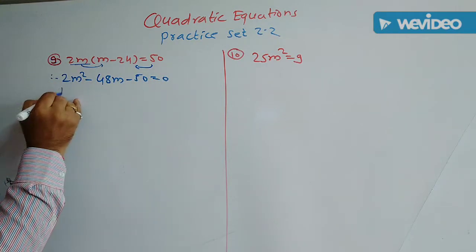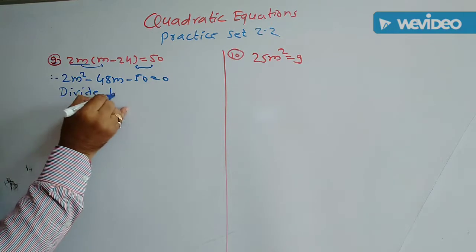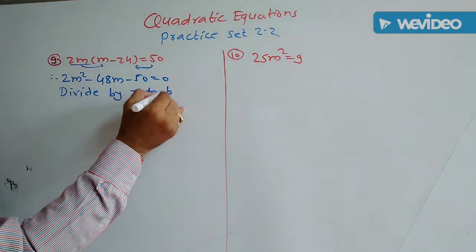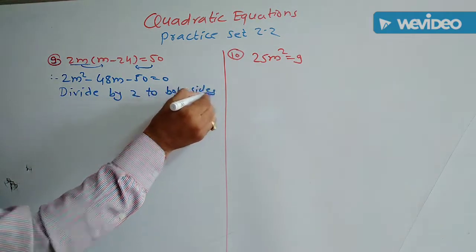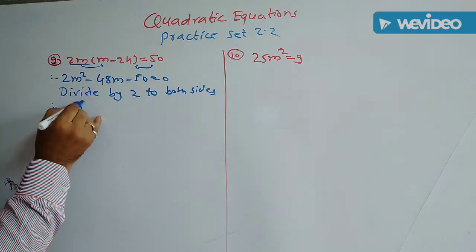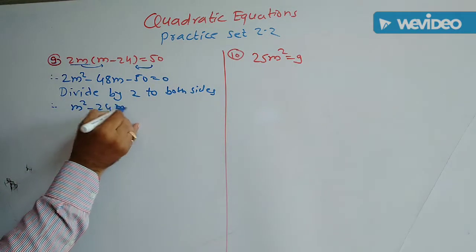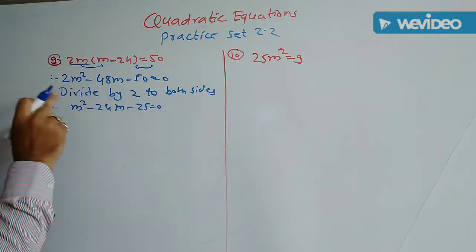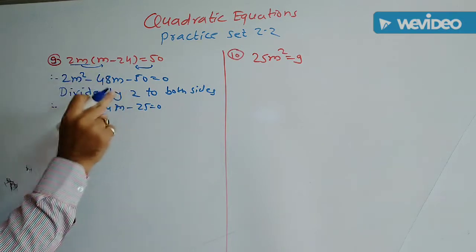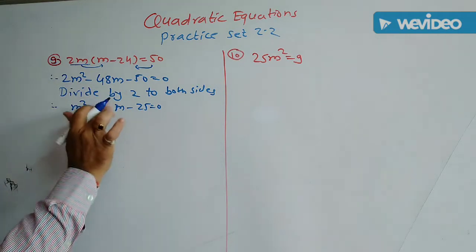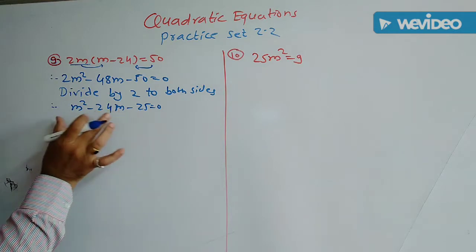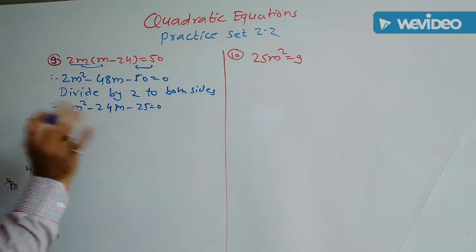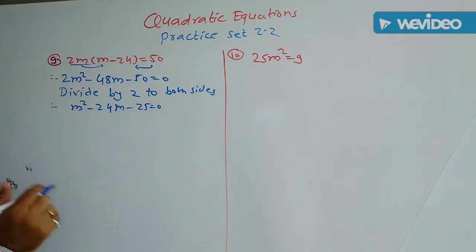All these three terms are multiples of 2. Therefore, divide by 2 on both sides to simplify it: m square minus 24m minus 25 is equal to 0. We divide all these three terms by 2 because we get the simplest form of the quadratic equation, such that we can easily solve the example.